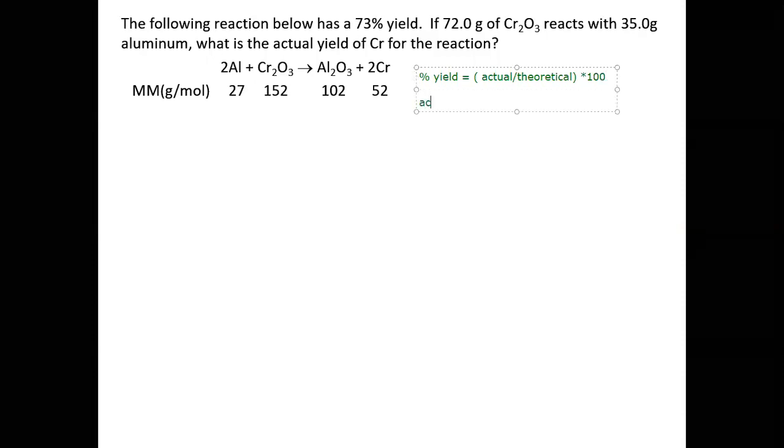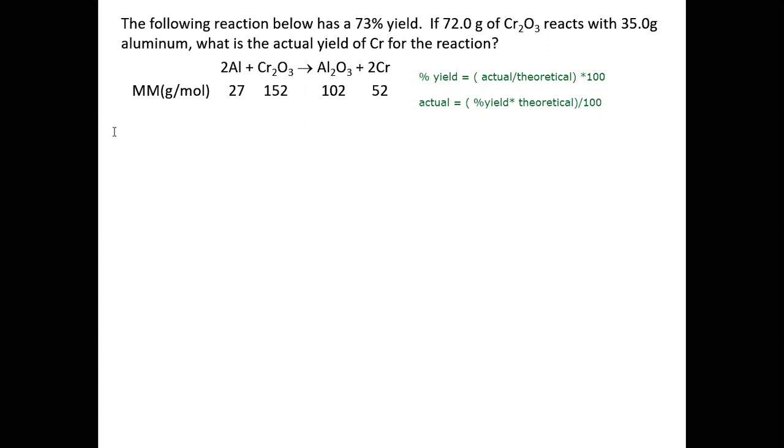So if we want to find actual, it equals percent yield times theoretical divided by 100. So if we know the percent yield, we know the theoretical yield, we can determine the actual yield. So now what we need to do is determine the theoretical yield so that we can determine the actual yield. Because it's already given us the percent yield.